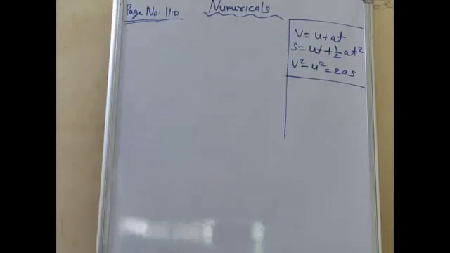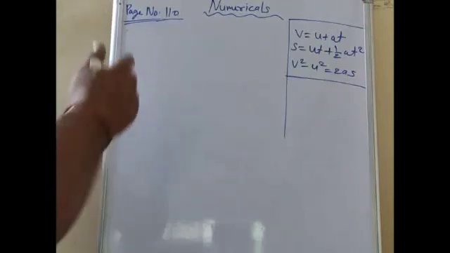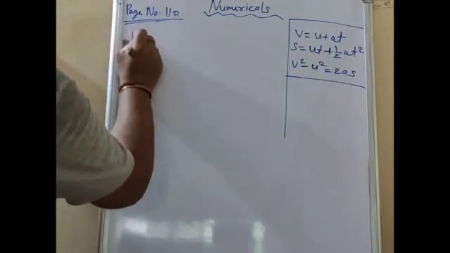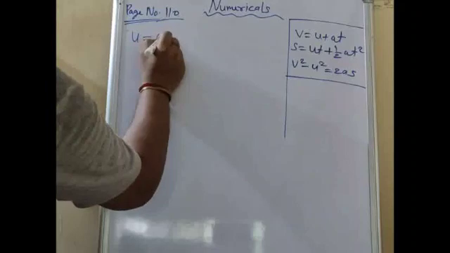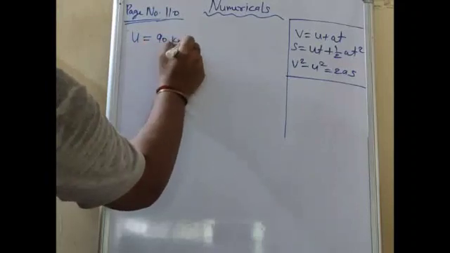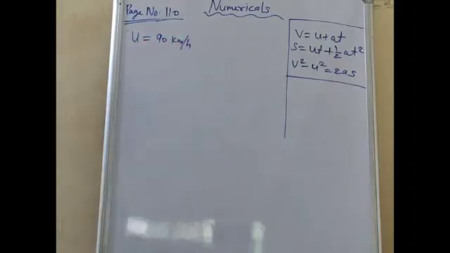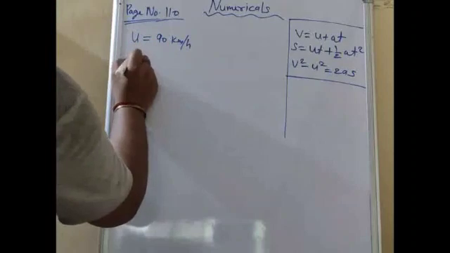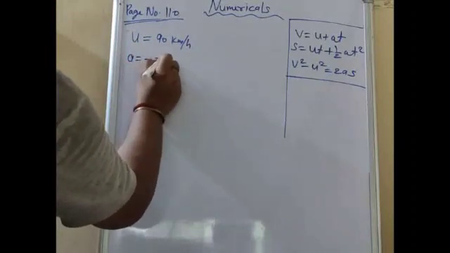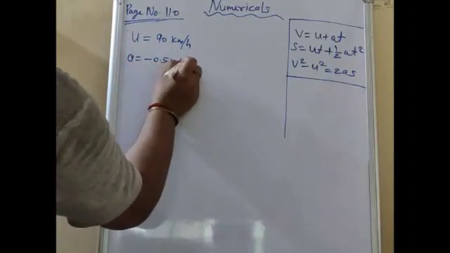But in this question, they are saying that the train is traveling with a speed of 90, means starting velocity is 90 km per hour. After that, brakes are applied. So uniform acceleration A is minus 0.5 meter per second square.